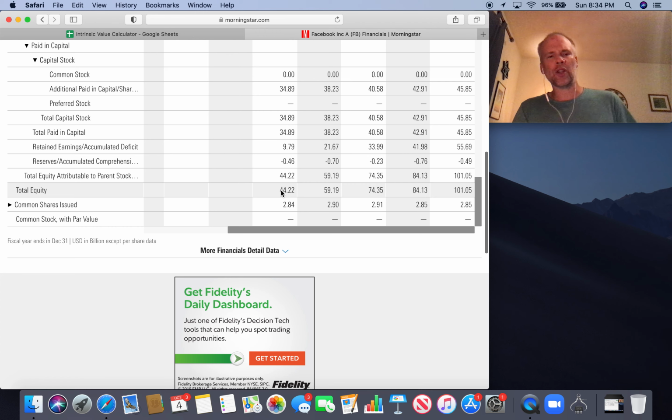The equity growth rate is a really good indicator for how earnings per share is going to change over time. Because really equity is what we get as equity investors. That's our piece of the pie. So we want to know how the equity is growing over time.